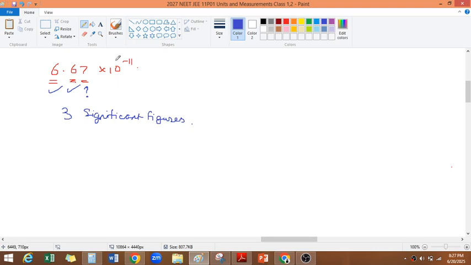You may be thinking, sir, what happened to this one? Well, we don't consider it for significant figures. This is called order of magnitude, how big it is or how small it is. But the actual numbers are the significant figures.